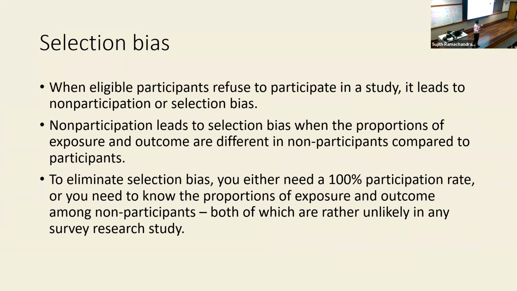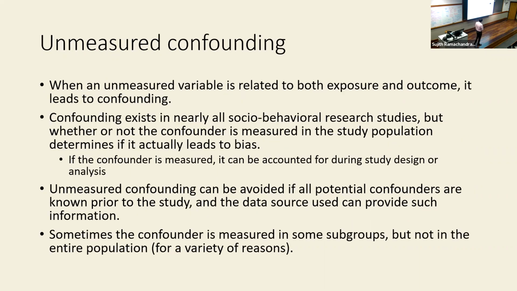Both of those scenarios are very, very unlikely, right? How likely are you to get a 100% response rate? Or how likely are you to know all of these distributions in people that did not respond to the survey? Almost never happens. So that's why we need QBA in some cases of selection bias.